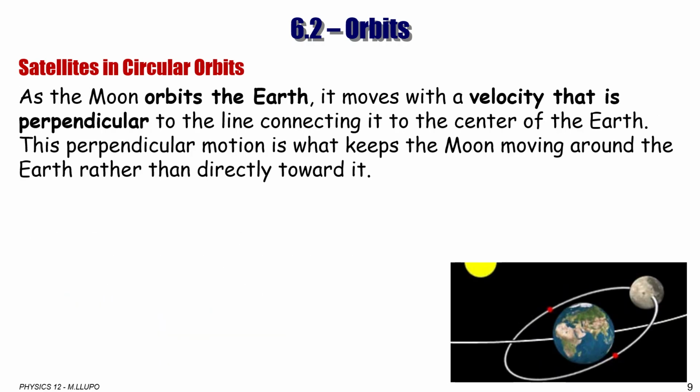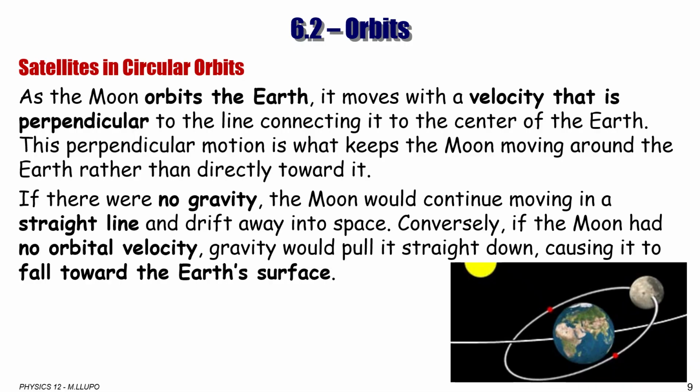As the Moon orbits the Earth, it moves with a velocity that is perpendicular to a line connecting to the center of the Earth, or tangent to that circular motion. This particular motion is what keeps the Moon moving around the Earth rather than directly toward it.